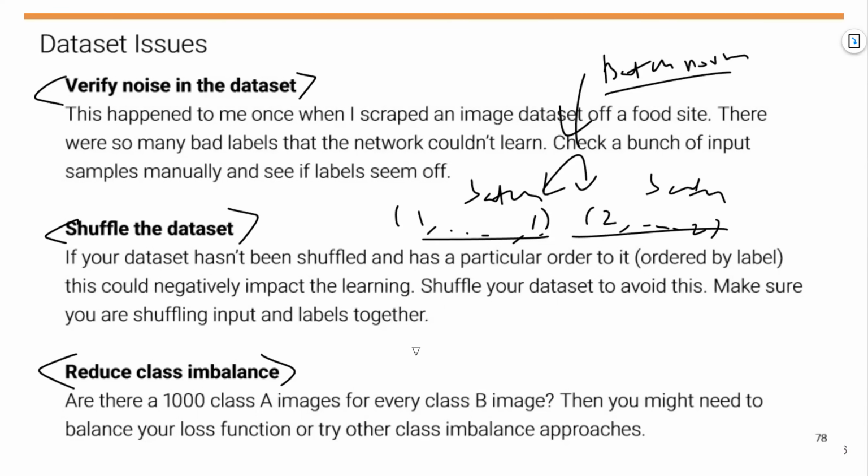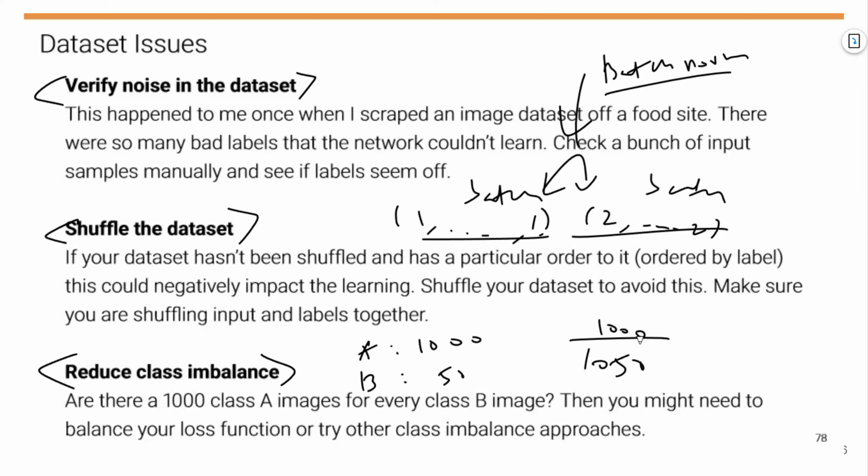This corresponds to reducing the class imbalance as well. No, this is not the same one. Let's say we have only 2 classes, but we have 10,000 images for A, but 50 for B. In this case, our neural network might just say, oh, every image is in class A, because even though it does that, the accuracy is 10,000 divided by 10,050.